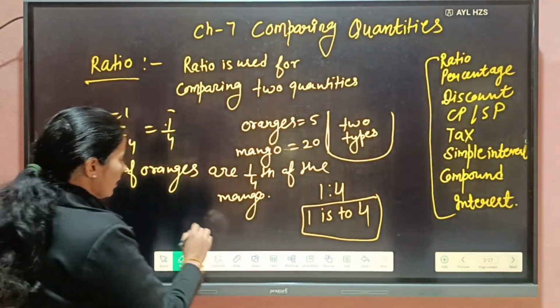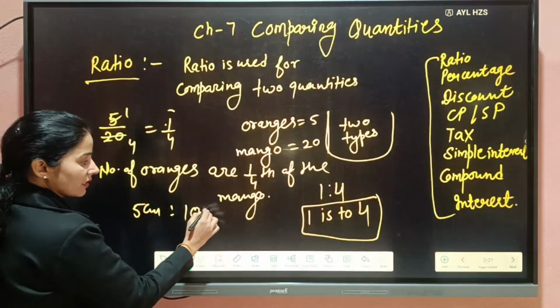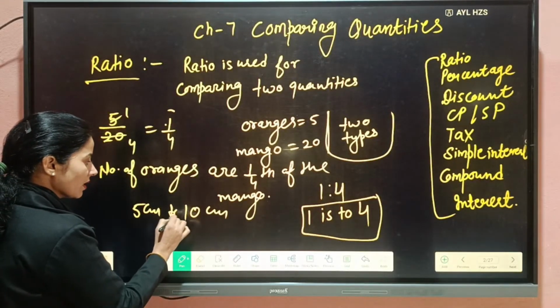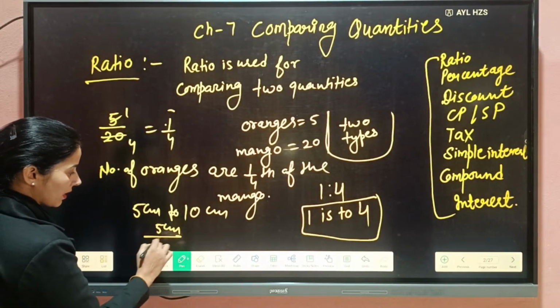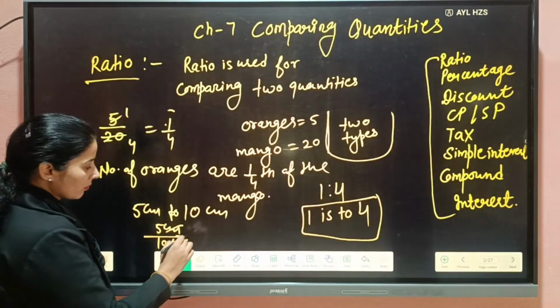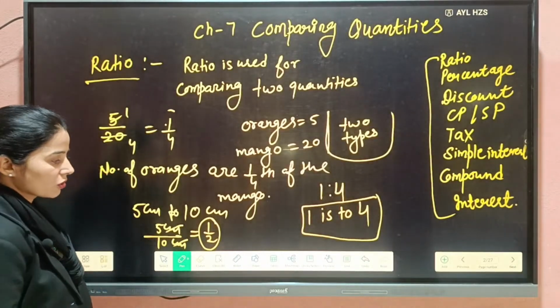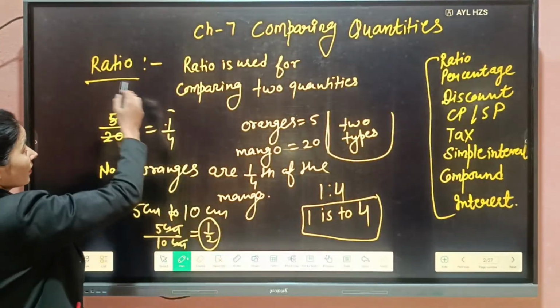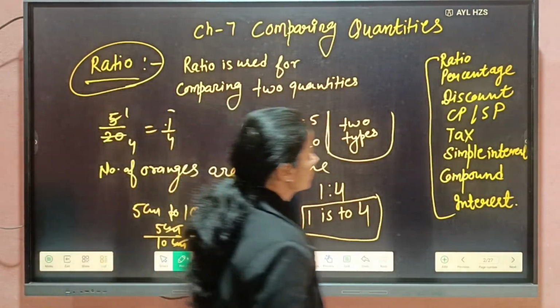Like if you have to compare 5 centimeter to 10 centimeter, then you write 5 centimeter by 10 centimeter, then centimeter and centimeter will be cancelled. Simply you will get one constant, one ratio. So being a ratio, it has no unit.